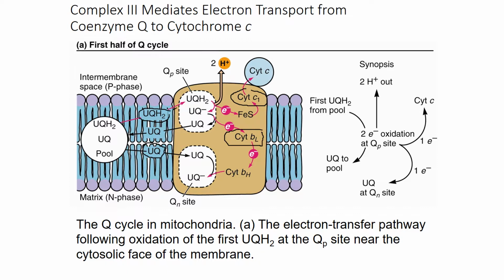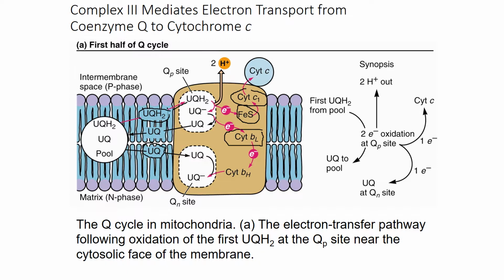UQH2 diffuses into the QP site. This is a two-step oxidation that it undergoes then. UQH2 is going to be oxidized to the semiquinone. So we have 2 protons being pumped into the inner membrane space, and then we have 1 electron being transferred to an iron sulfur center.